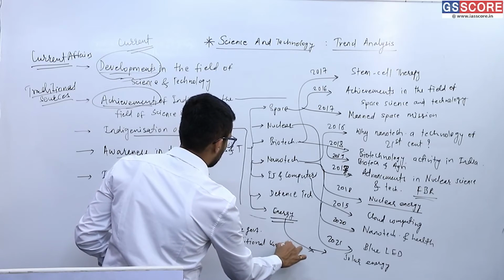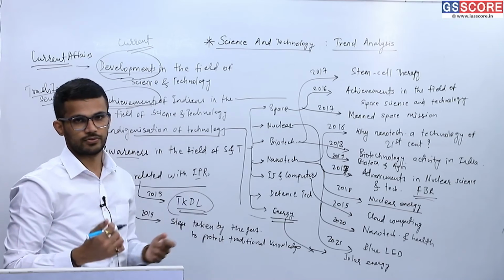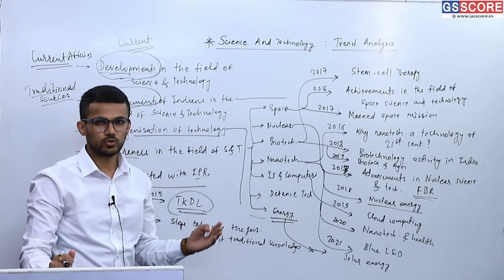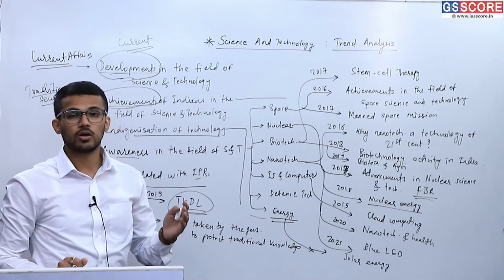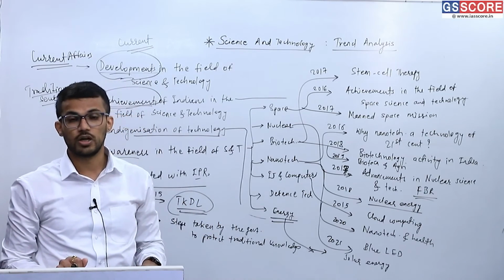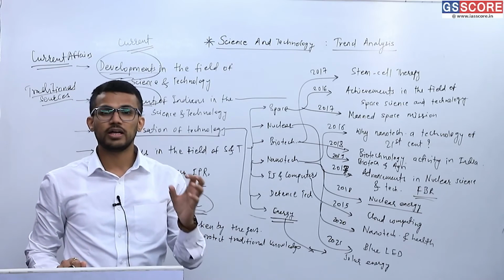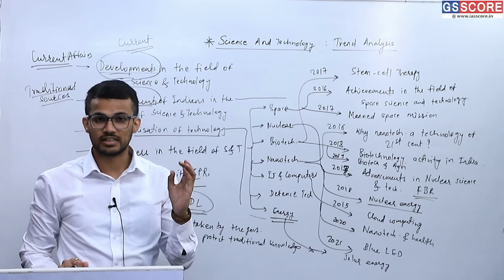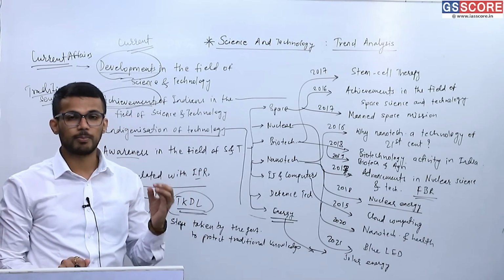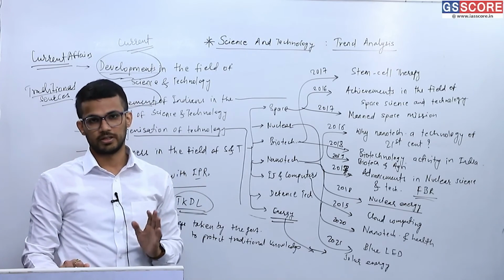So the most important step is the creation of TKDL itself, Traditional Knowledge Digital Library. And also in 2002, the government came up with a law called the Biodiversity Conservation Act 2002, which also ensures that no patent or intellectual property right is achieved over Indian biological resources without the consent of the government, right?